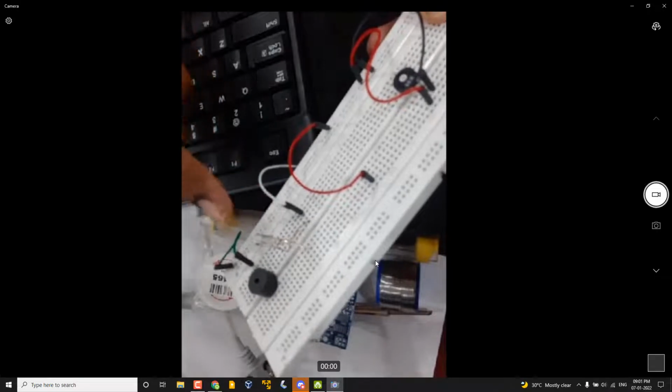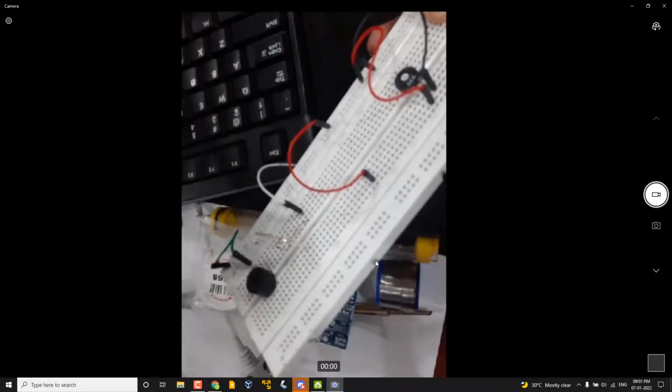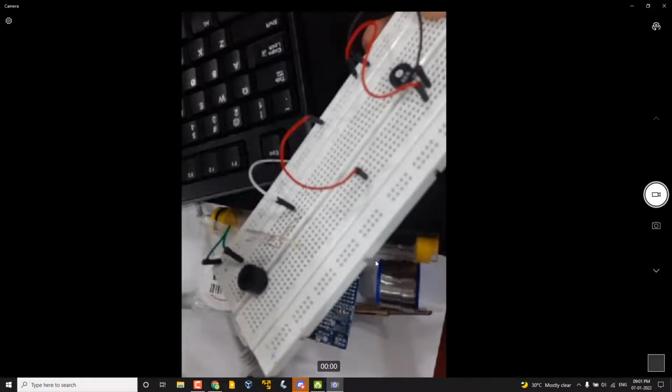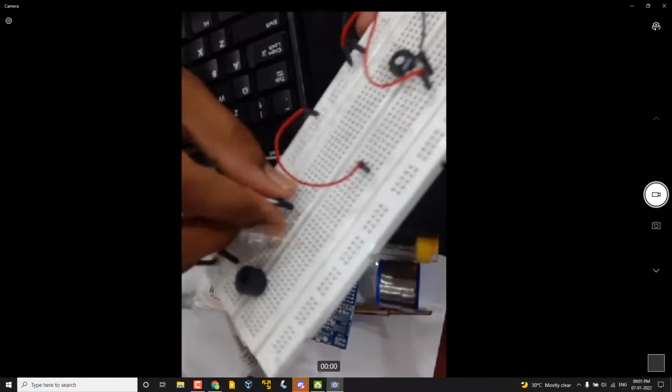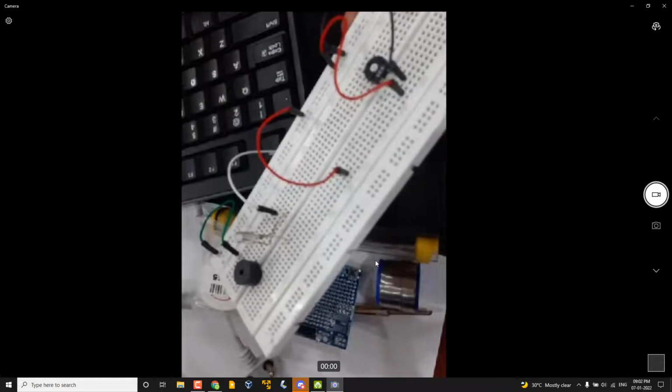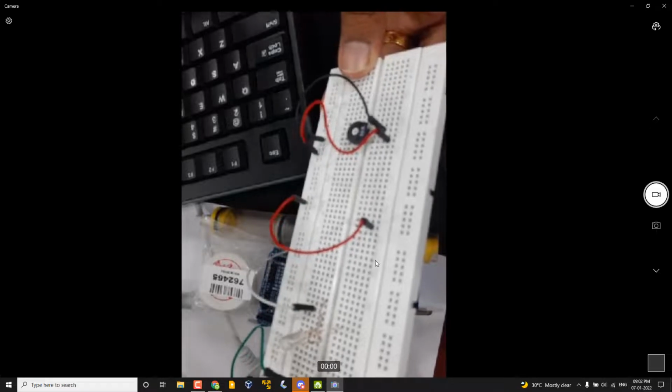The advantage is that after prototyping the circuit, you can easily pull things out and reuse the breadboard. You can create any circuit, then remove all the connections and reuse it.